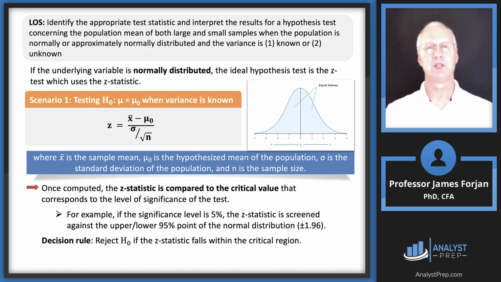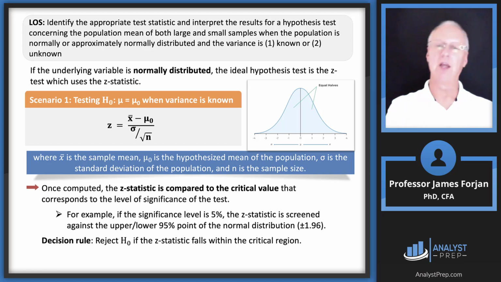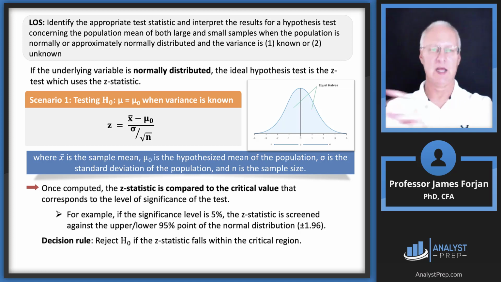All right, moving on to this idea of continuing to test large and small samples, comparing the sample to the mean, and then in a little bit we're going to compare two different samples. So here we have the normal distribution picture there on the right hand side.